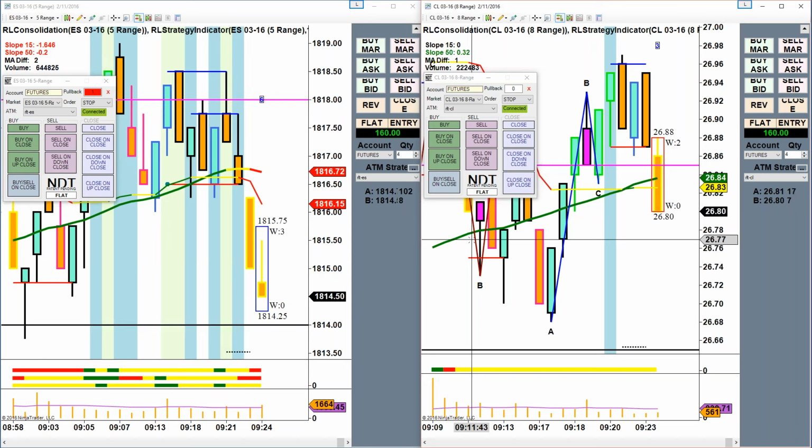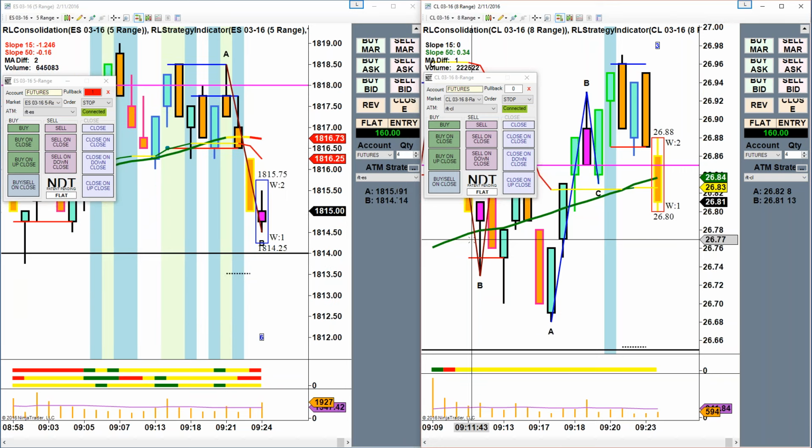We've got two quants red. The NYSE opens in 6 minutes.